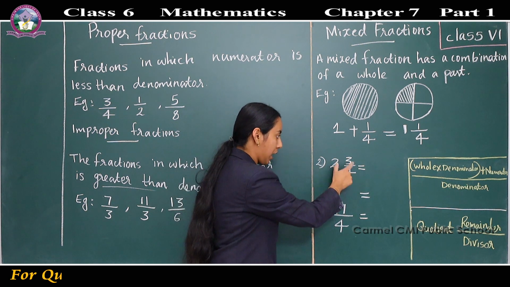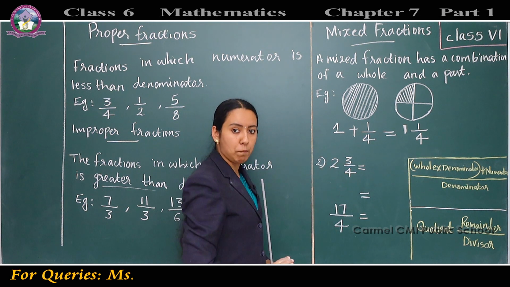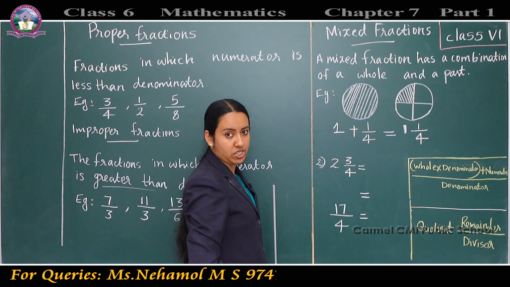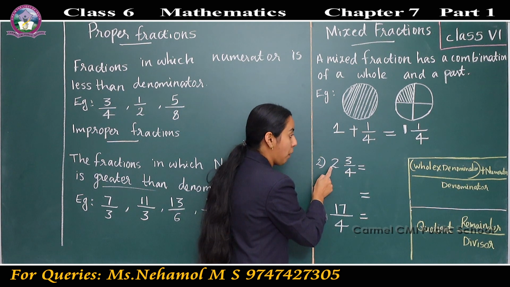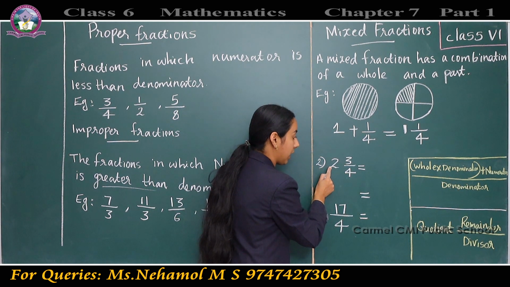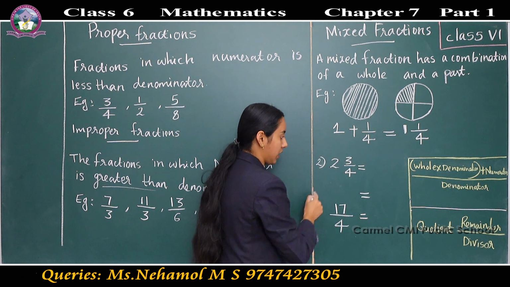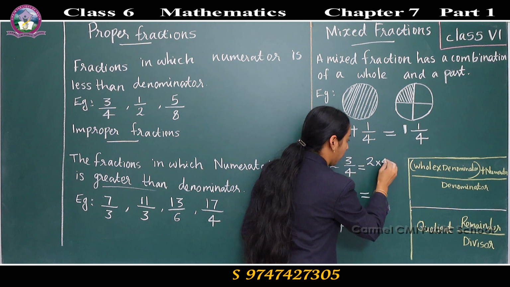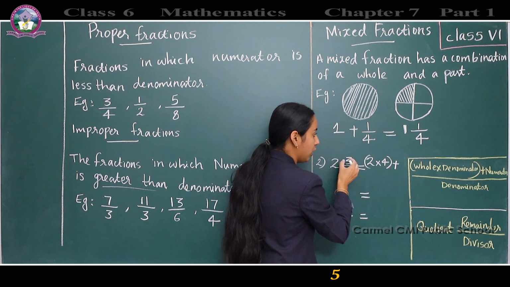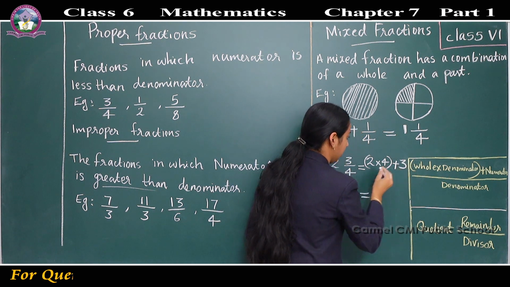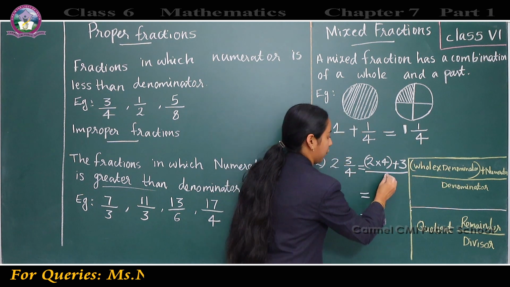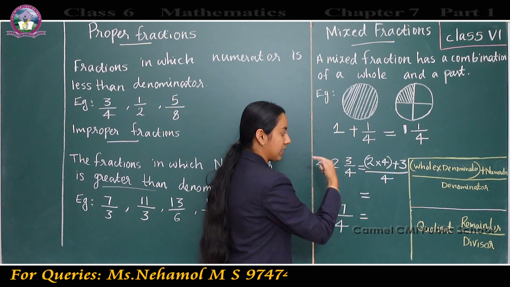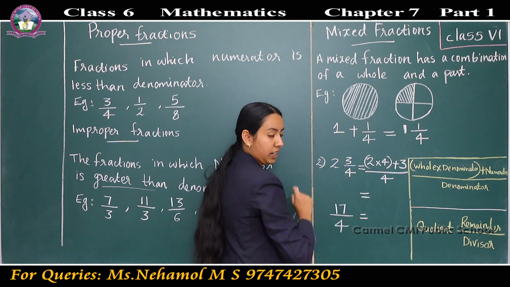We can convert a mixed fraction to an improper fraction. For that, first we have to multiply the whole and the denominator. Whole into denominator. That means 2 into 4. Then add the numerator, all divided by 4. 2 into 4 plus 3, all divided by the denominator.